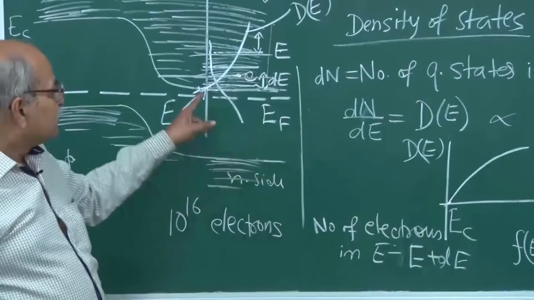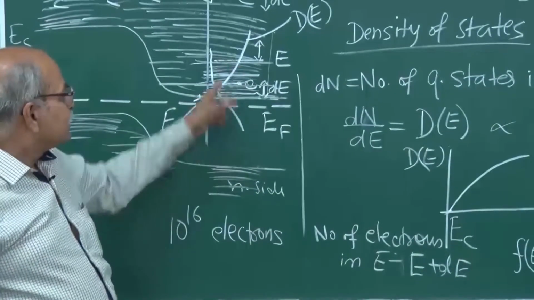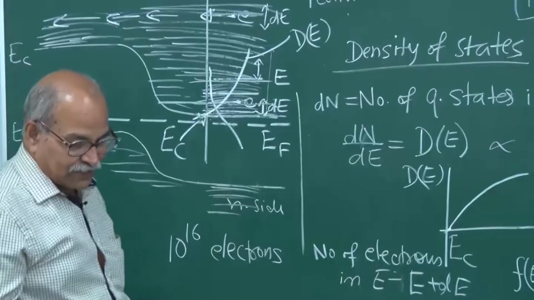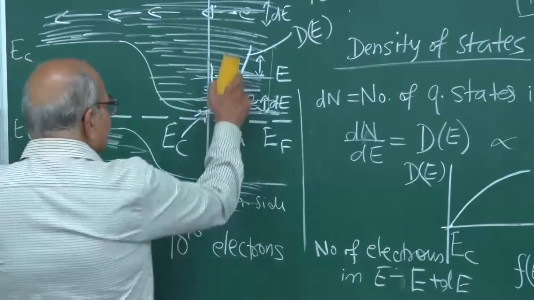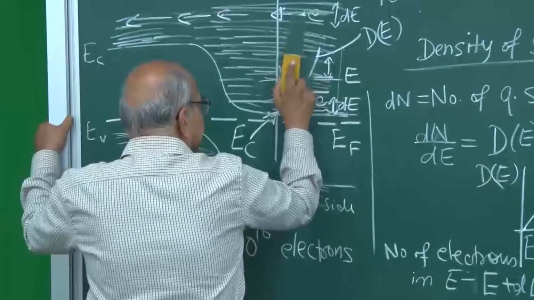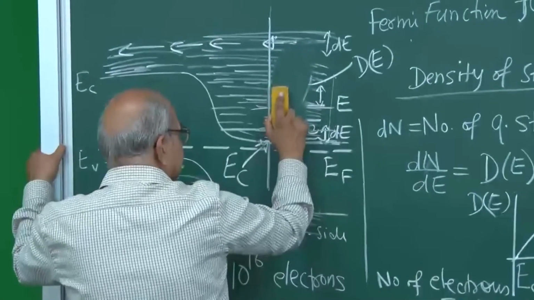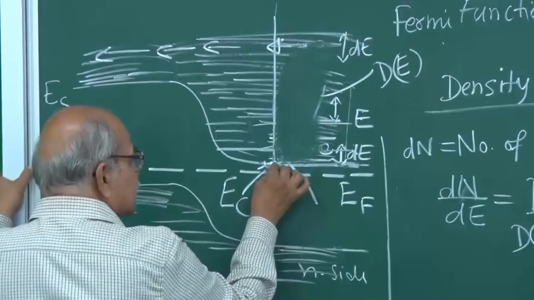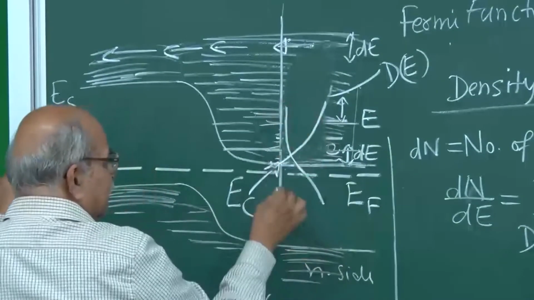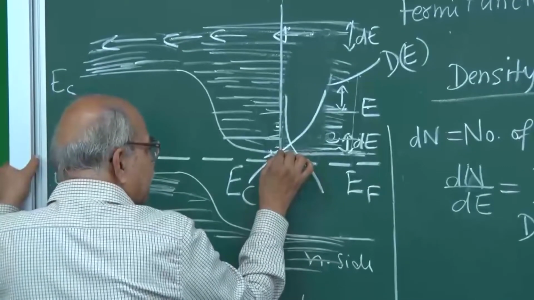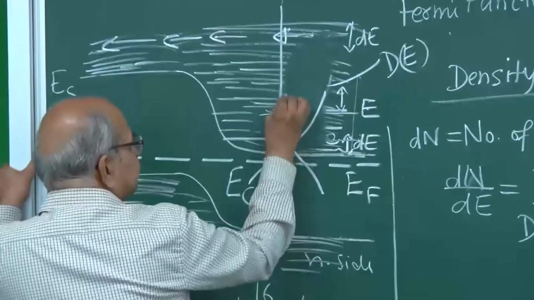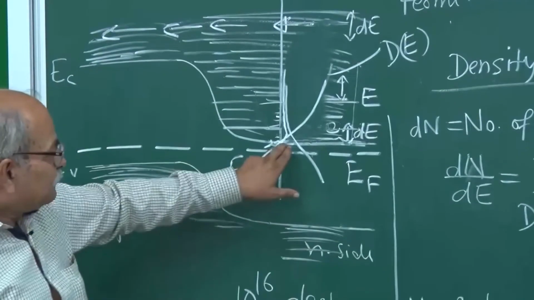So if you do that, one is increasing, another is decreasing as you go up. If you multiply them, what you will find is the following. One function is going like this, another function is going like this, and when you multiply them, you get a function which maximizes and then decreases.